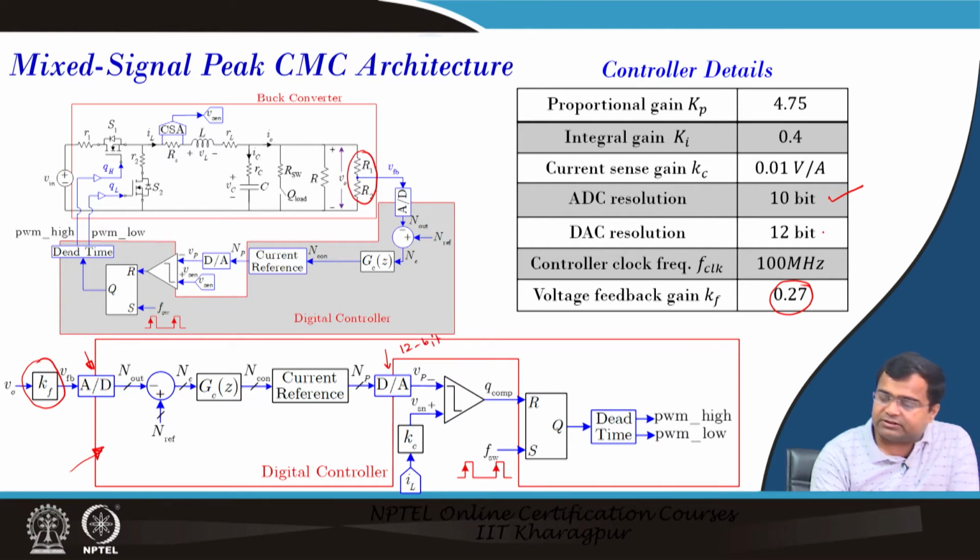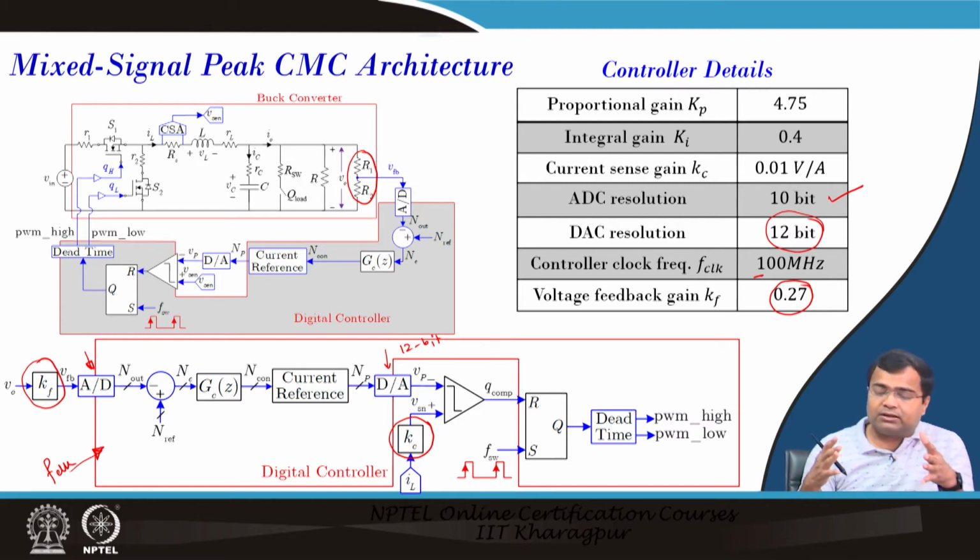The controller clock is 100 megahertz. For the current sense gain, we have used a current sense resistance followed by a current sense amplifier, so it comes to 0.01 volt per ampere, because it converts current into a sense voltage that is compared directly with the output of the DAC.